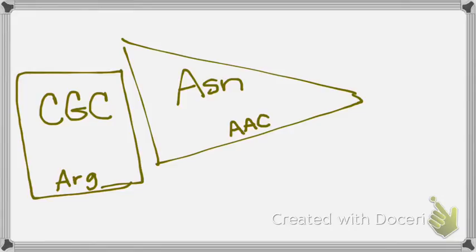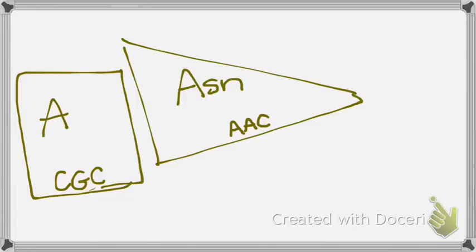Actually, I did that backwards. Your CGC will be down here. Your codon will be there, and your arginine abbreviation will be there.